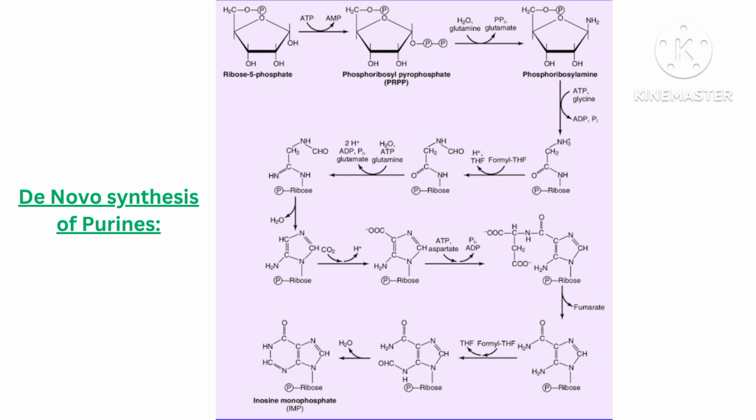The synthesis of IMP requires 5 moles of ATP, 2 moles of glutamine and formate, and 1 mole of glycine, CO2, and aspartate. The one-carbon moieties are transported on tetrahydrofolate, THF, in the form of N10-formyl THF.